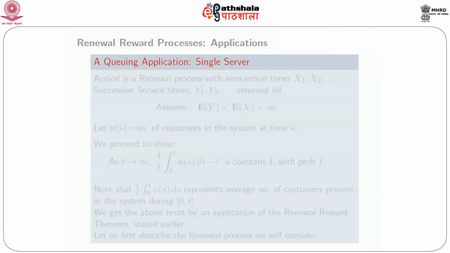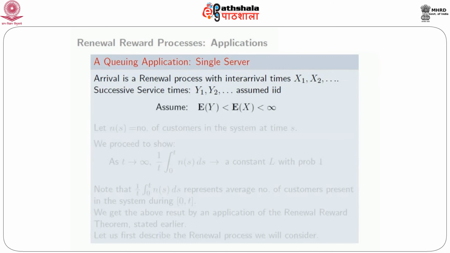So we look into a queuing application with a single server. Arrival is assumed to be a renewal process with inter-arrival times x1, x2, etc. The successive service times are y1, y2, etc., again assumed IID.